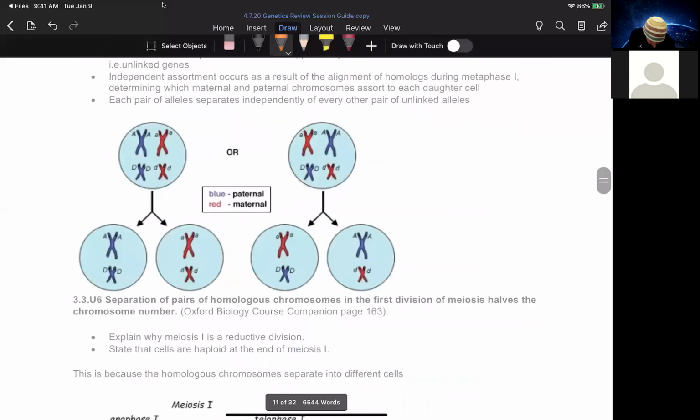And then independent assortment is after they go through meiosis completely and separate into the 4 different cells. Yeah, so in anaphase, they're pulled apart, right? In anaphase, they go through independent assortment, and that happens in anaphase 1 and anaphase 2. Okay, yeah, that makes sense.